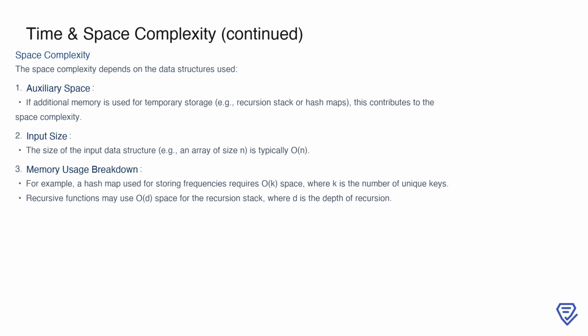Input size itself also impacts memory usage, and for an input like an array of size n, the space cost is O(n). Recursive algorithms, in particular, can incur additional space costs due to the recursion stack, which depends on the depth of recursion, denoted as d. By breaking down memory usage into these components, we can better understand the overall space efficiency of an algorithm.